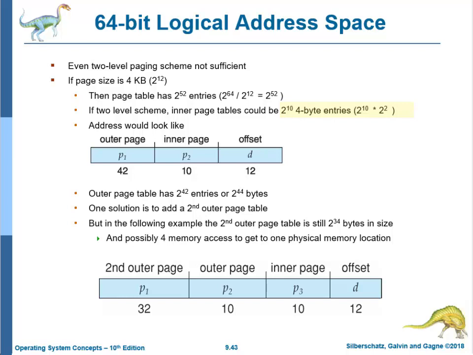So the address would have an inner page of 10 bits, then an outer page of 42 bits, then the offset of 12 bits. We can divide the outer page table.